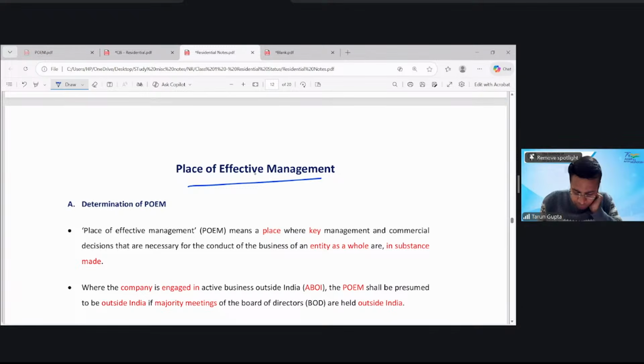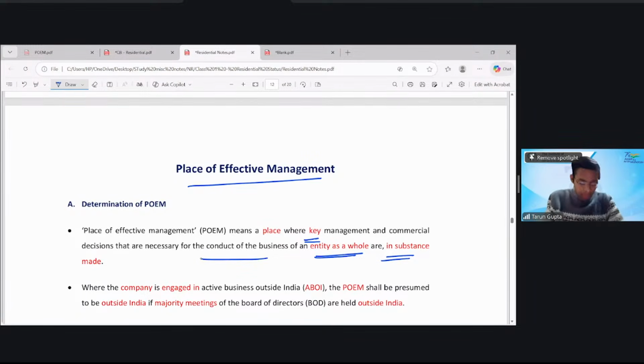POEM means a place where key management and commercial decisions that are necessary for the conduct of business of an entity as a whole are in substance made.